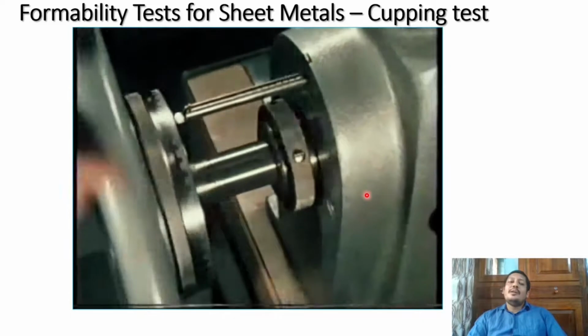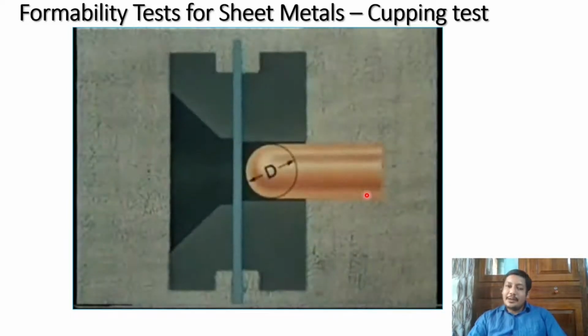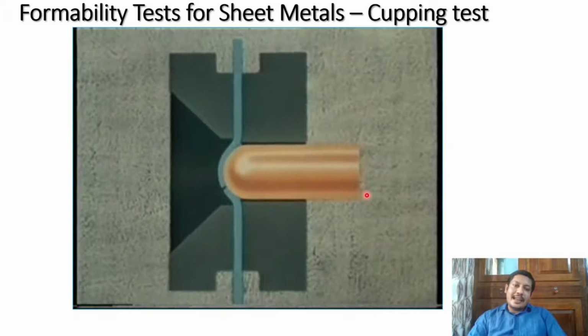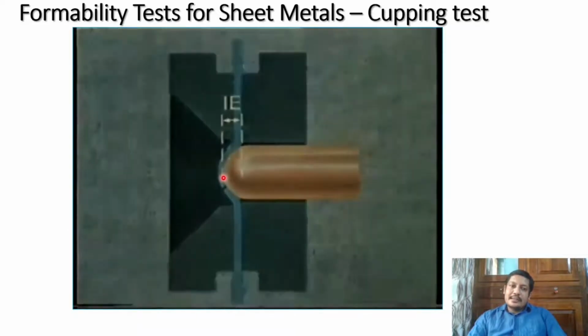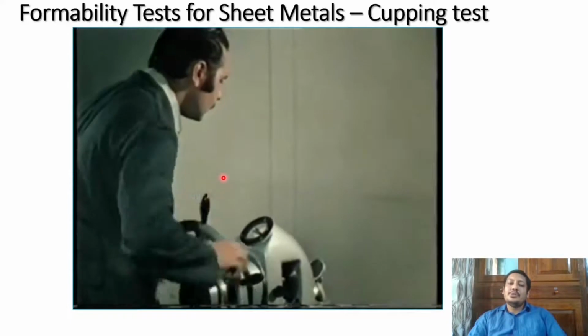So you can determine the formability of that particular sheet of that particular dimension. You can see here it is extending and a fracture has happened. From the center to this distance, you can determine how much it has moved.